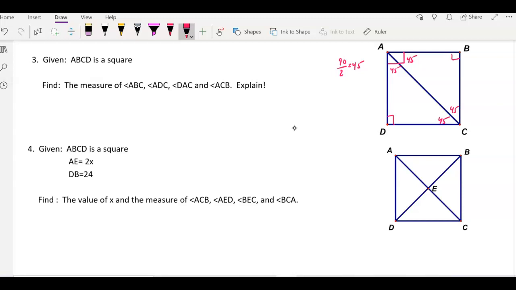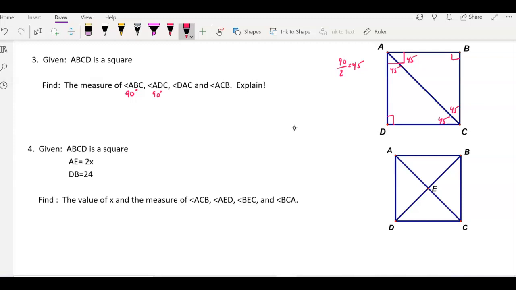So we're using the idea that a square is a parallelogram, it's a rectangle, and it's a rhombus. And right away, all 4 of those angles are going to be 45 degrees because the diagonals in a rhombus bisect opposite angles. So angle ABC we know is 90 degrees. Angle ADC is 90 degrees.